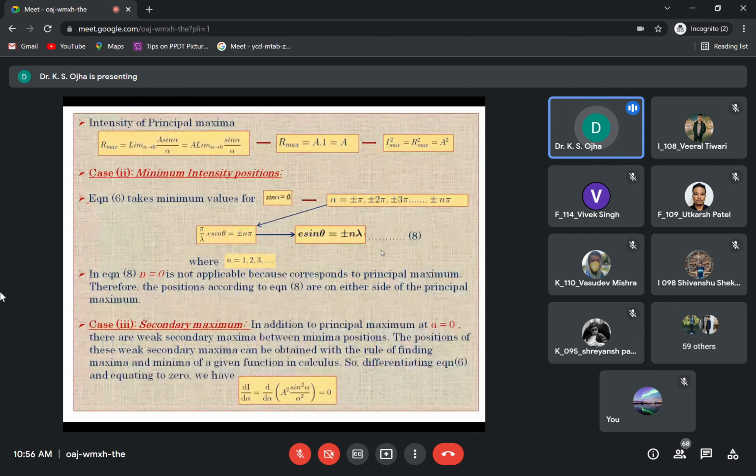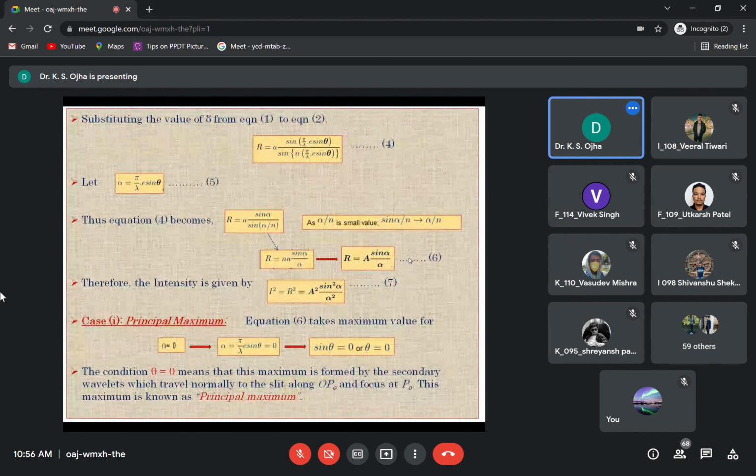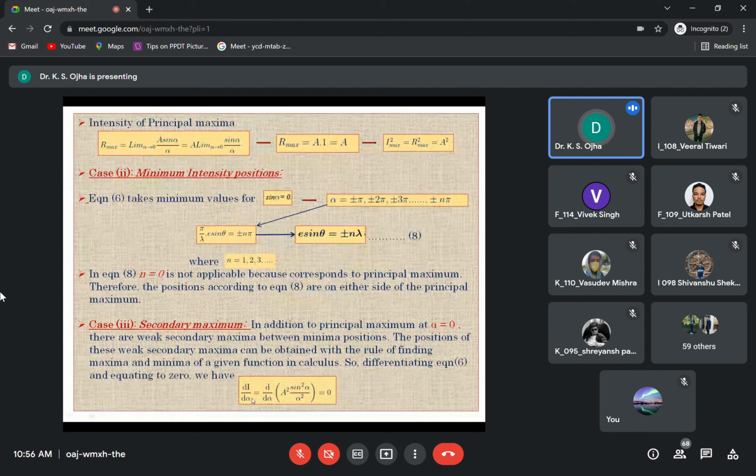To find the position and intensity of the secondary maxima, we will differentiate this intensity equation with respect to alpha and equate it to 0. So we get dI upon d alpha equal to 0.